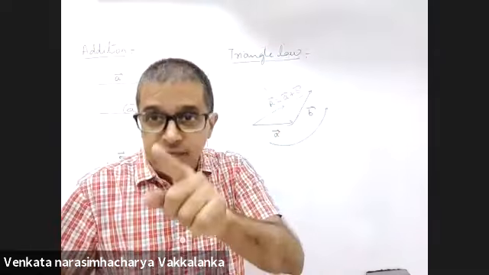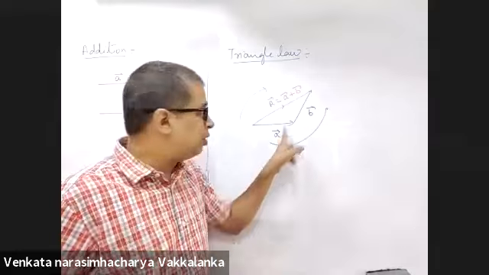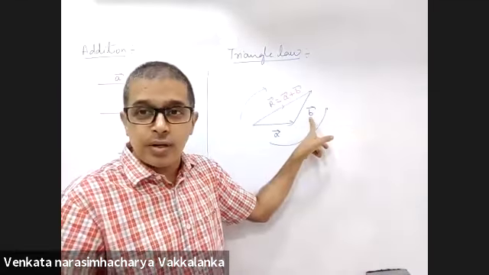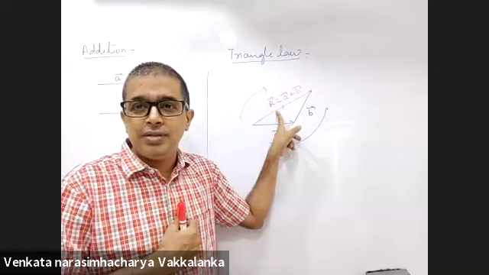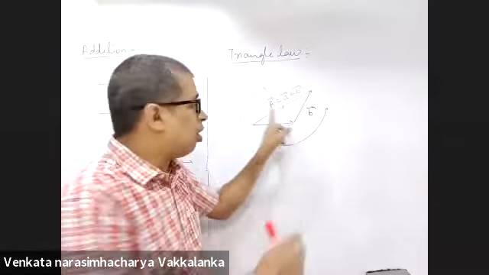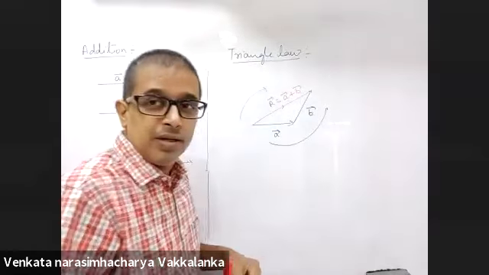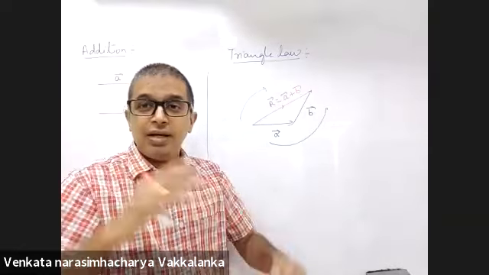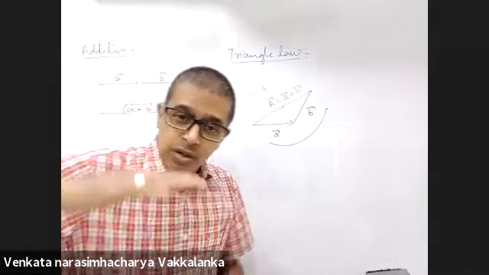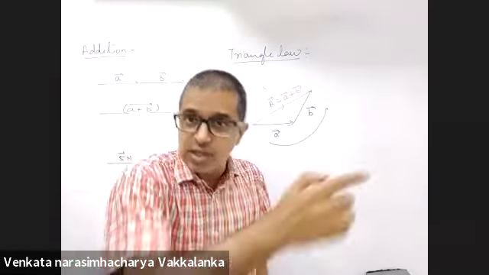Measure the length, that will be the result. I tell you A is 3 Newton, B is 4 Newton. My resultant is not 7 Newton. I will have to measure this length. It will be less than 7. 3 Newton and 4 Newton will give me 7 Newton only if they are in the same direction.